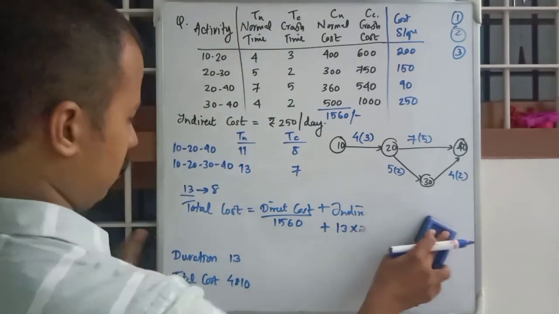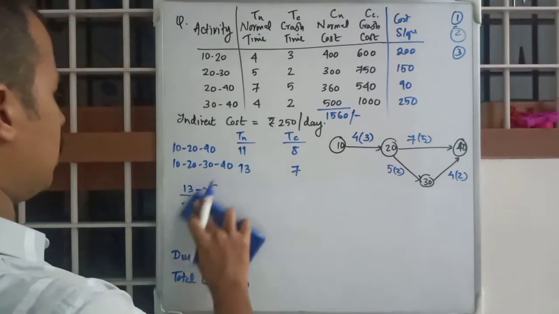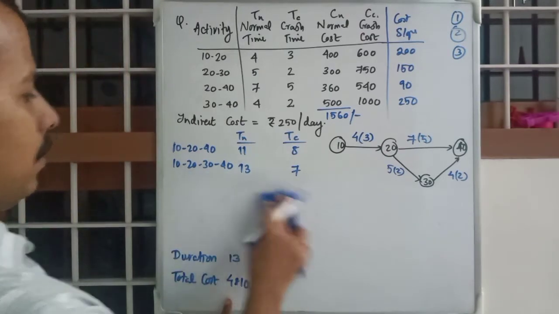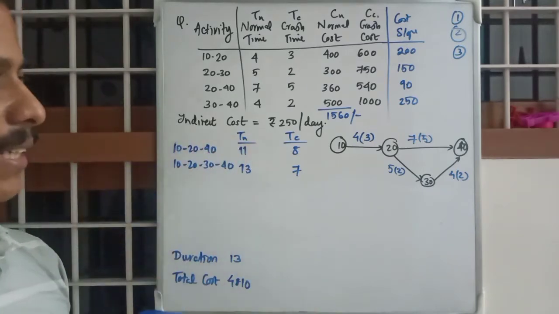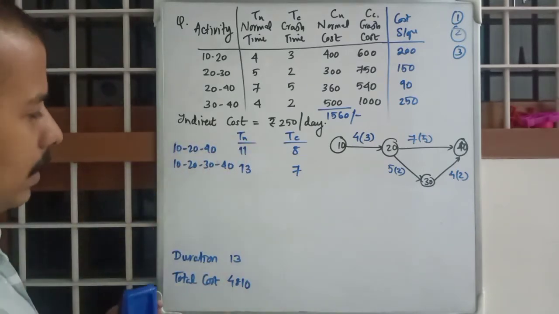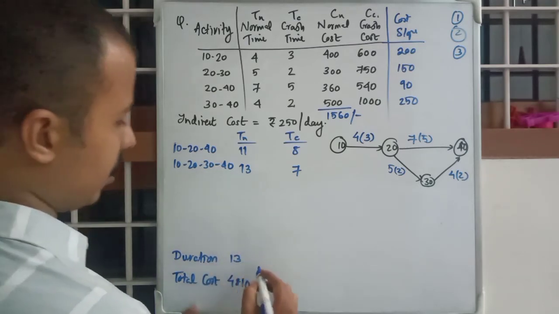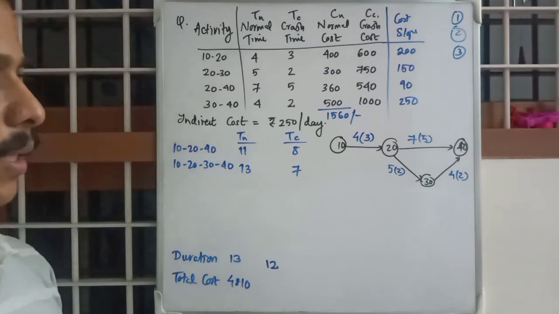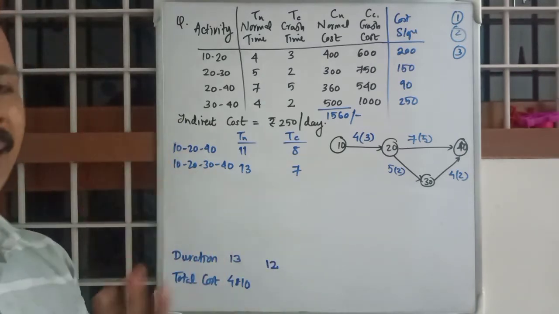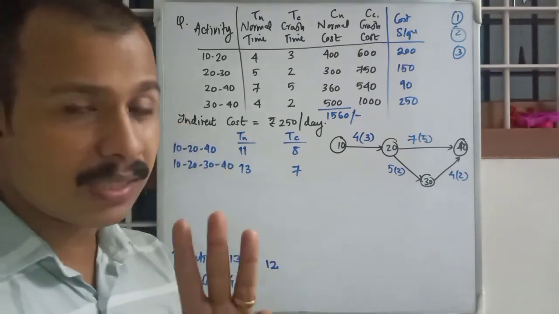So we have got these values in here. Okay. So step 3, crashing. Right now we are reducing the duration from 13 to 12. Okay. So when crashing, you will have 3 cases. This is the most tricky part.